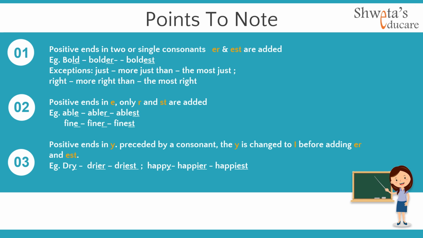So it becomes drier in comparative, and similarly in superlative, you change the Y into I first and then add EST. So it becomes dry, drier, driest. Similarly, happy, happier, happiest. You see in your answer there is nowhere Y as your letter. I hope this is clear.